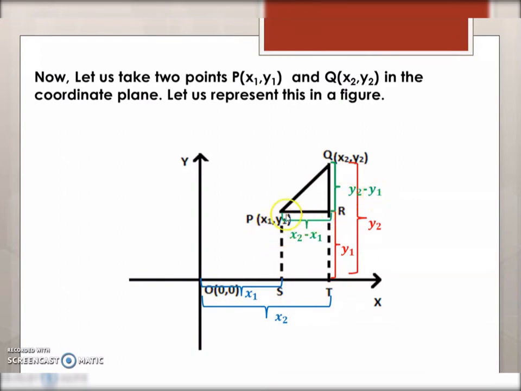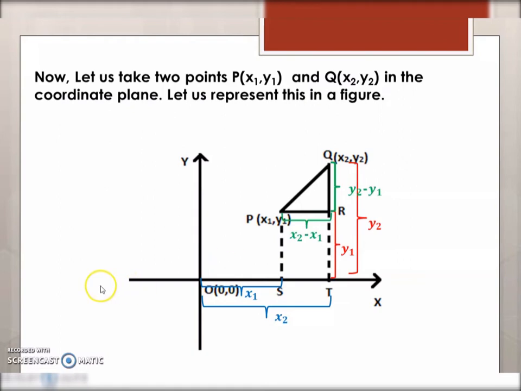And if you need to find PR, it will be x2 minus x1. That is, this entire distance x2 minus this distance will give you the distance in between. Same way, this entire distance y2 minus this y1 will give you QR.